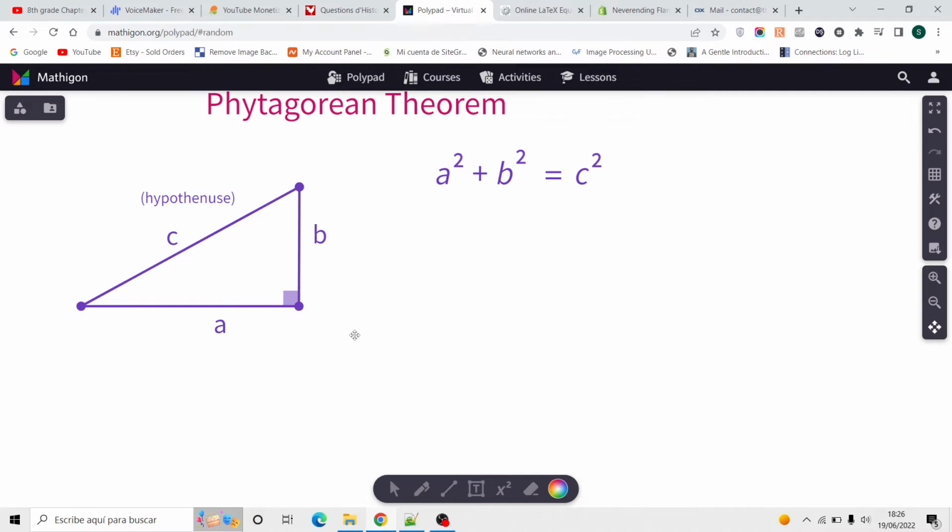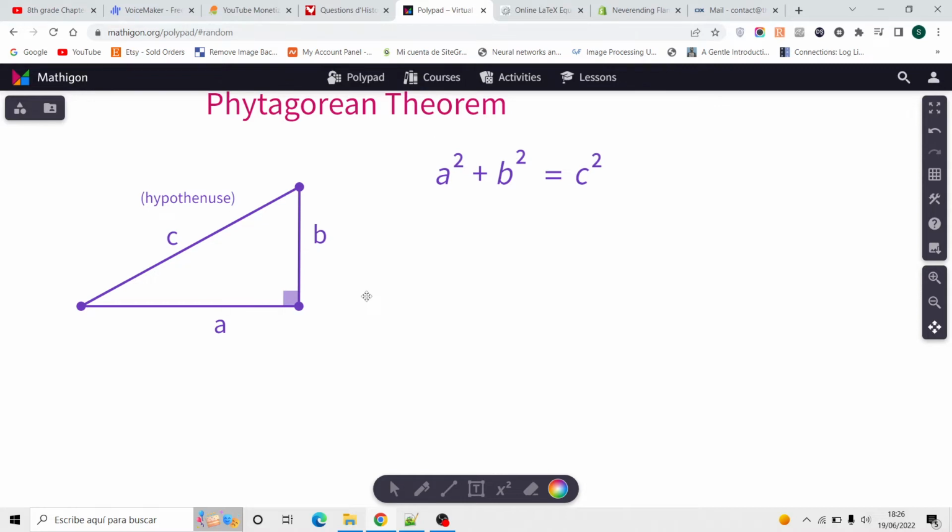Okay, so you have A and B, which are the legs of the right triangle, and C, which is the hypotenuse. The hypotenuse is the longest side of a right triangle. Okay.